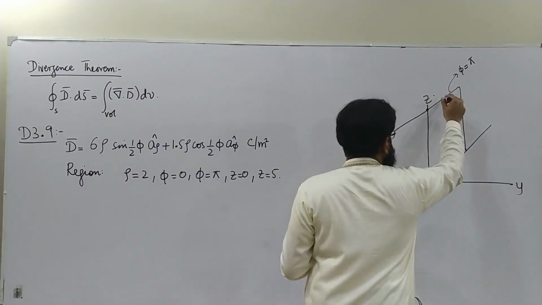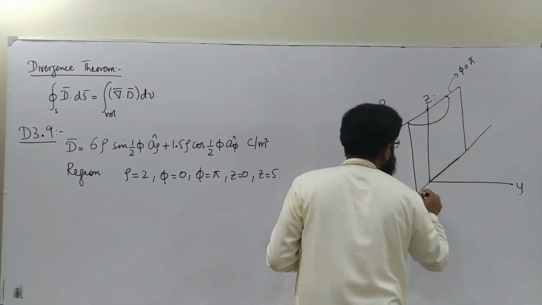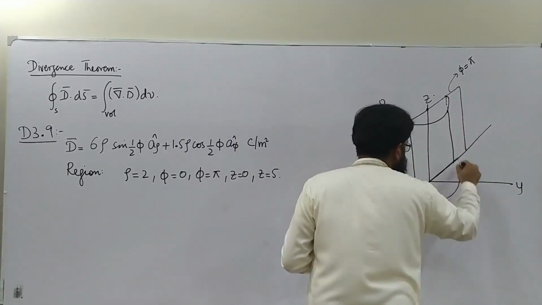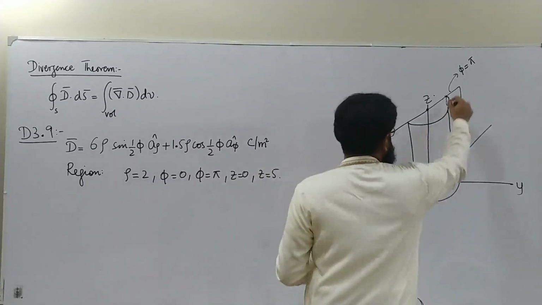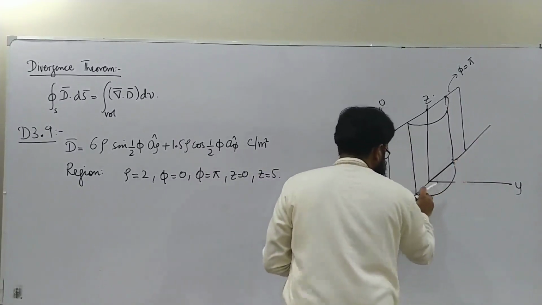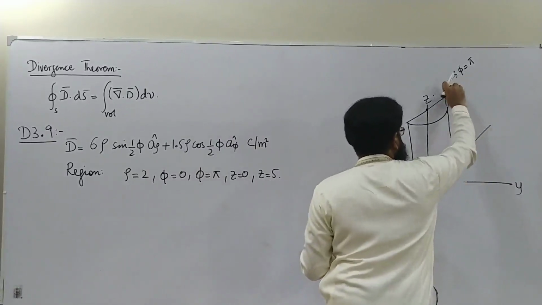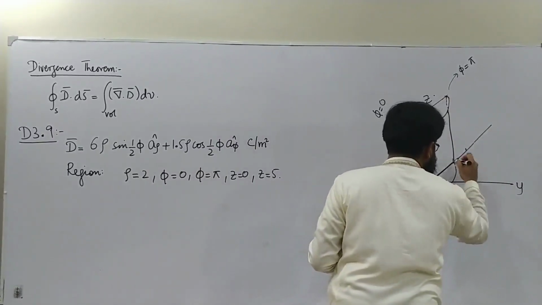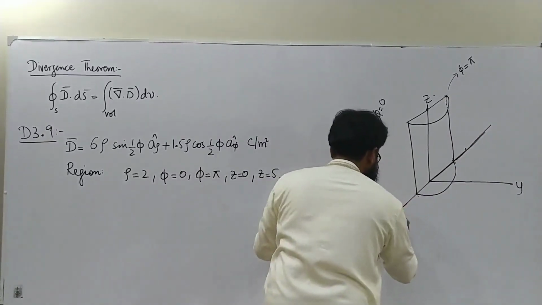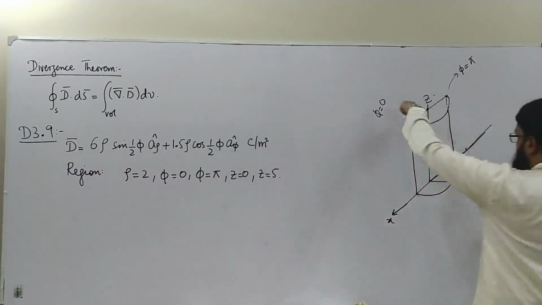So I should draw it like this. Actually, no, it should be like this. So this half cylinder is the one over which we will have to evaluate the divergence theorem. The radius of this cylindrical surface is 2.